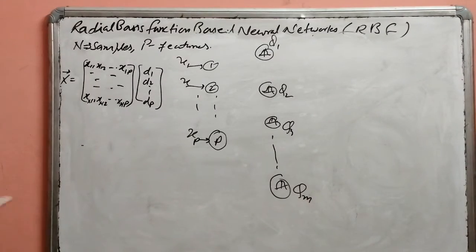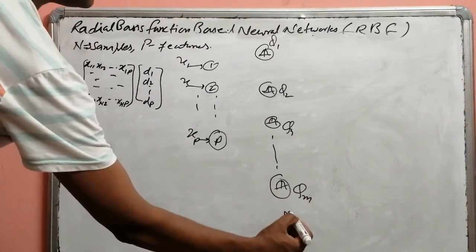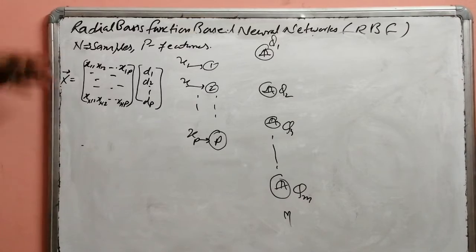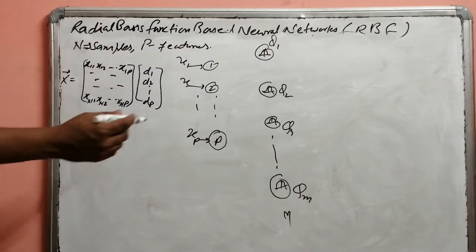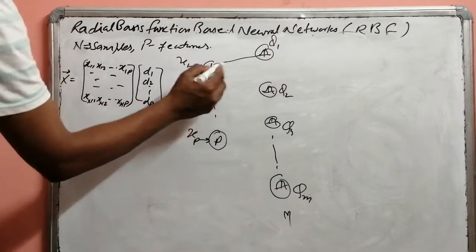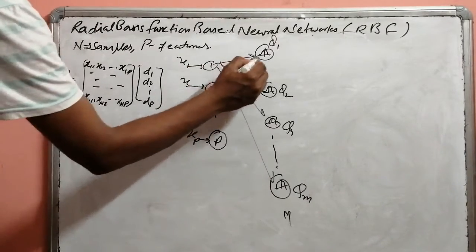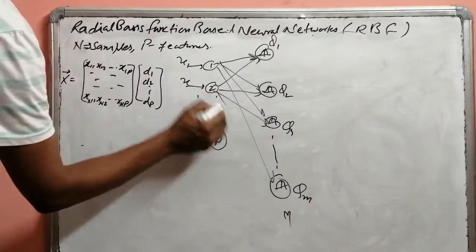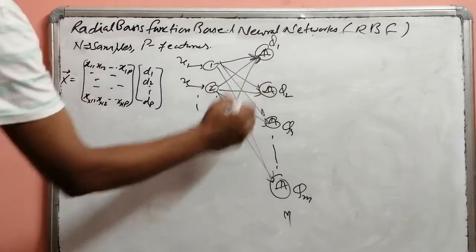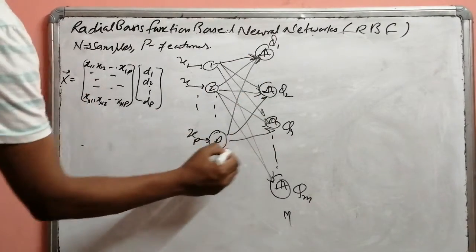So m number of neurons or m number of radial basis functions are to be used in your radial basis function layer or hidden layer, and their connections were like this. Each input layer neuron connected to each hidden layer neuron.